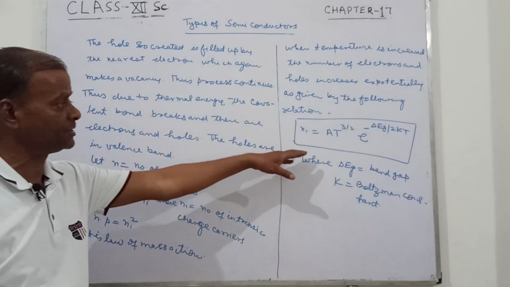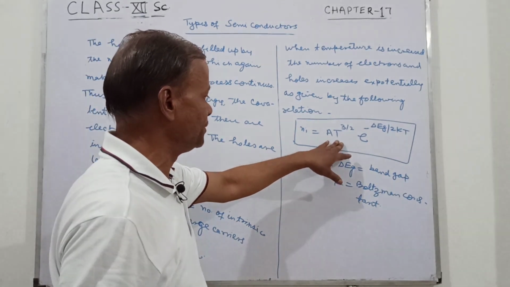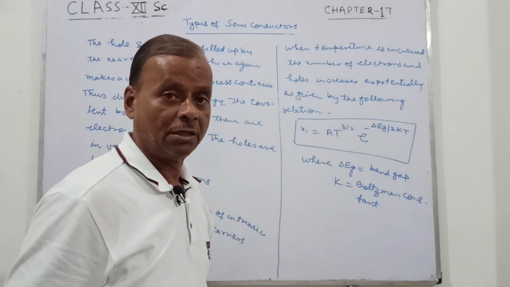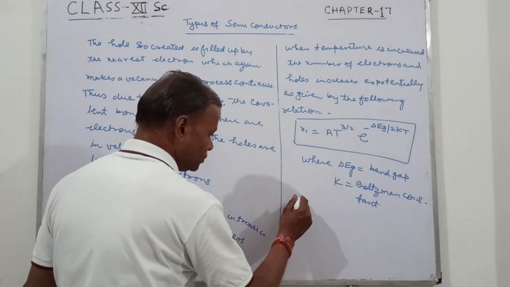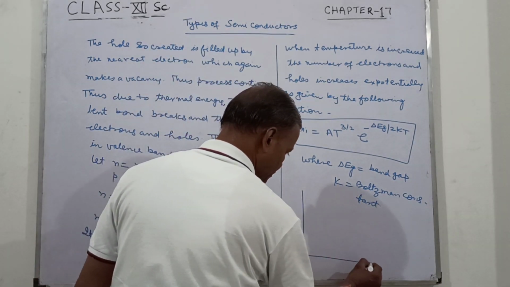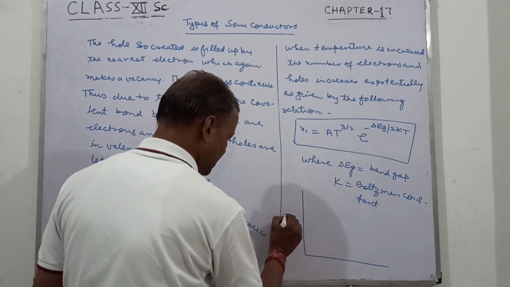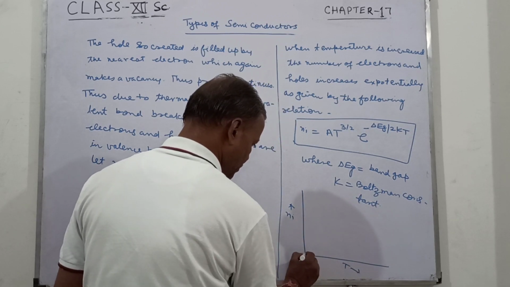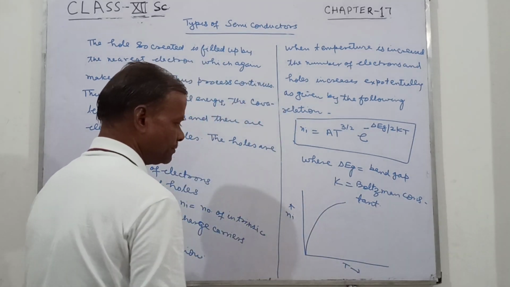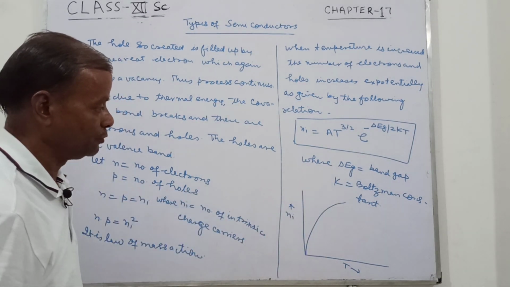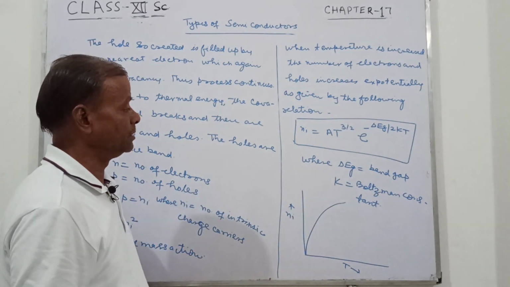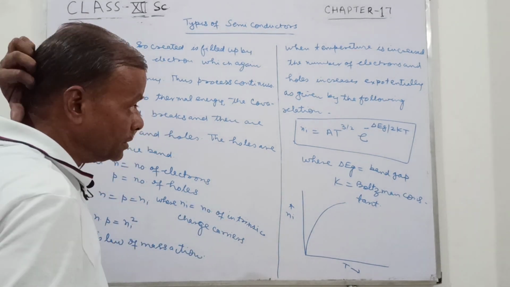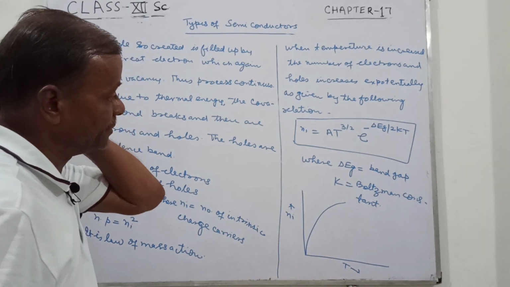So you can see from this relation that as the temperature increases, the intrinsic charge carriers increase at a very high rate. If we plot ni against the temperature T, you can see that they increase like this, to a very high value. Thus the number of charge carriers depends upon the nature of the substance and the temperature of the crystal.